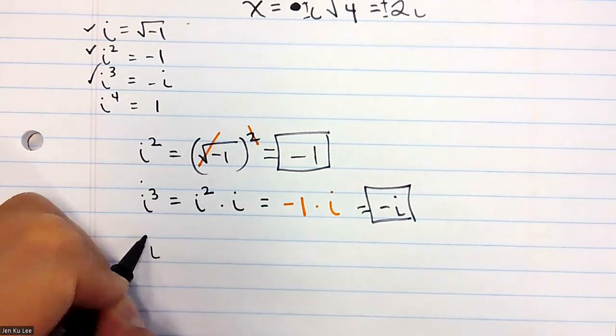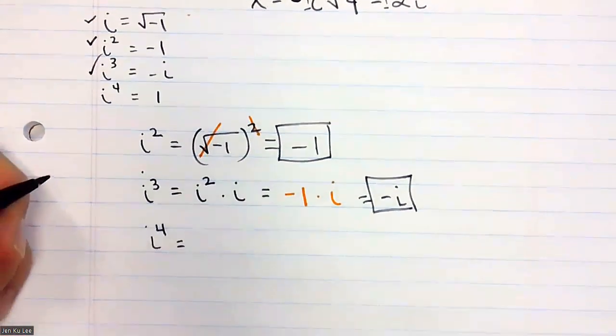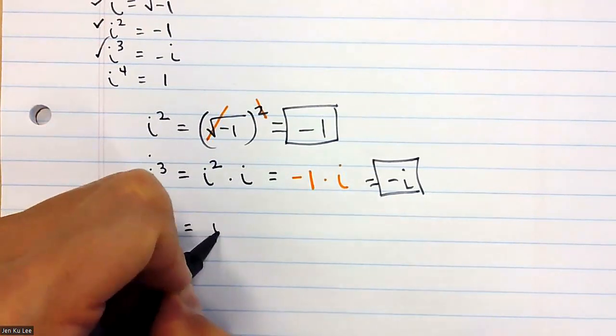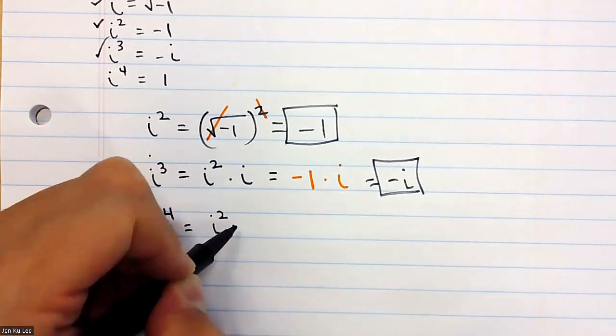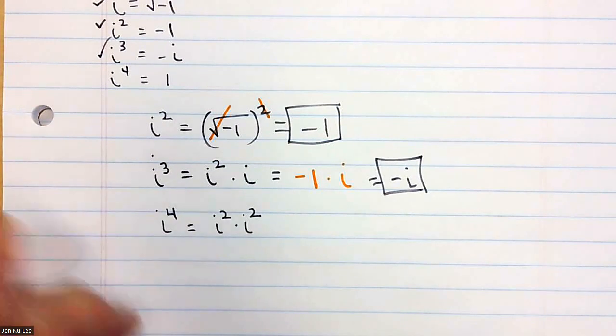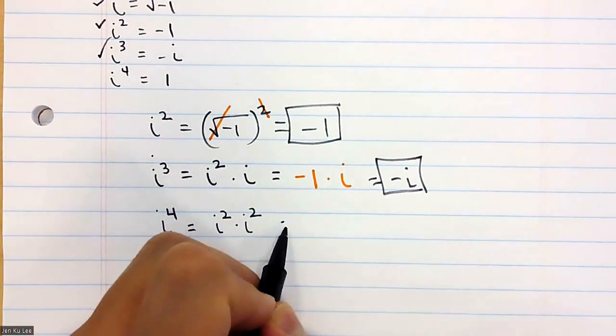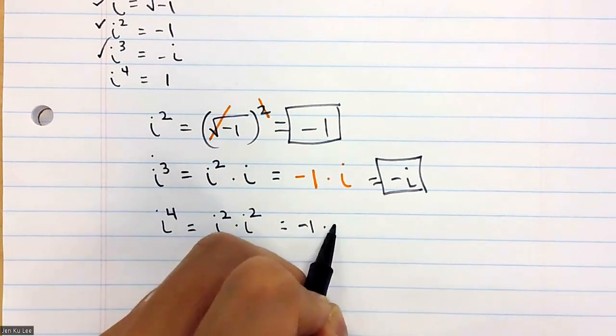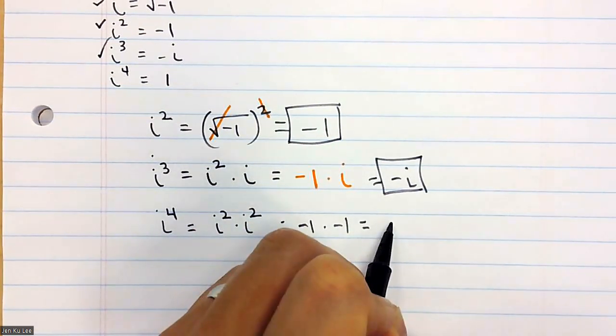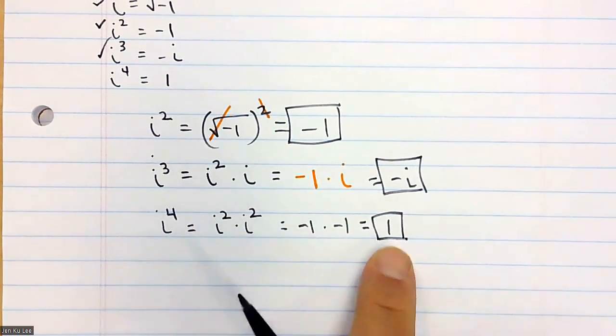i to the 4th, we can think of as i squared times i squared, right? Because 2 plus 2 is 4. So then that's negative 1 times negative 1. What's negative 1 times negative 1? 1. Okay?